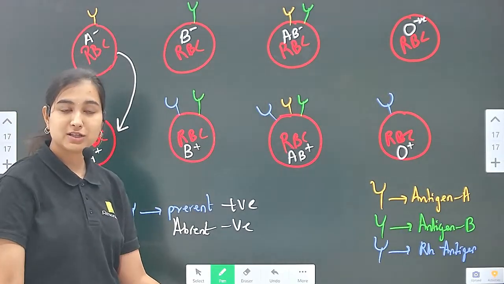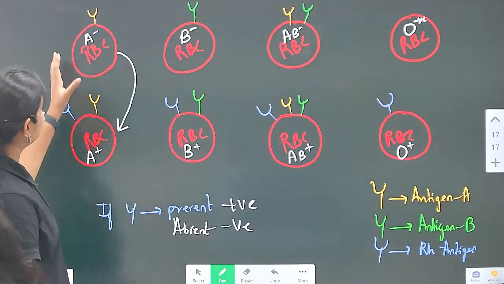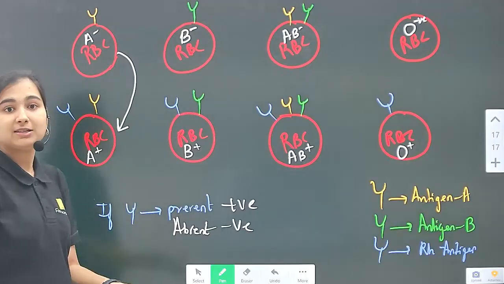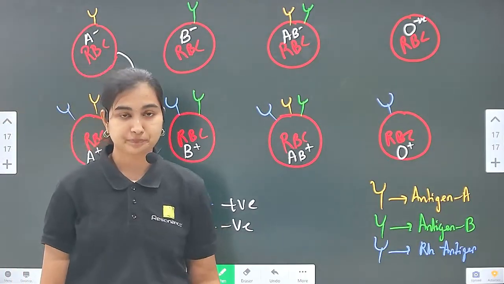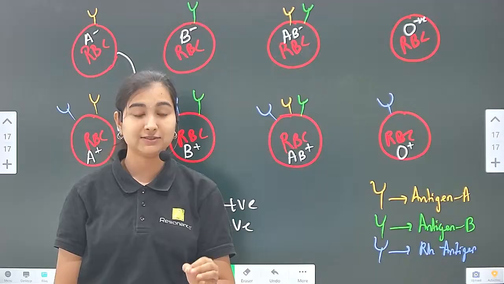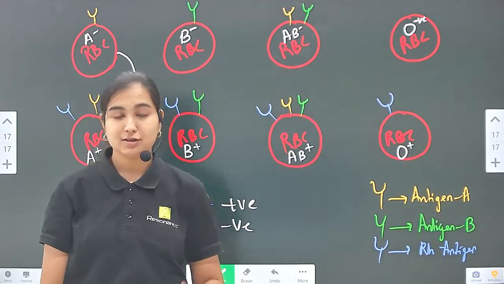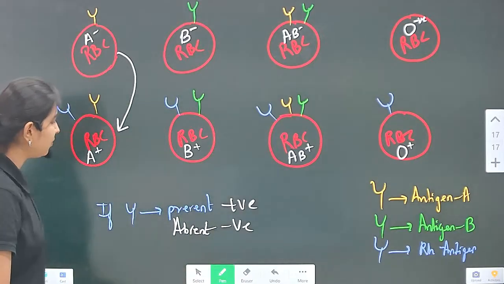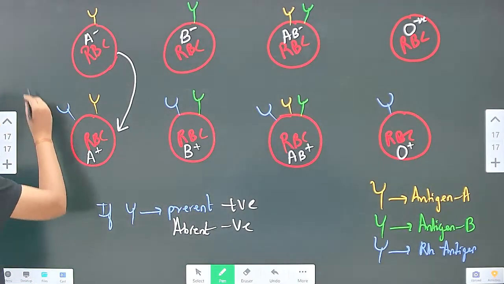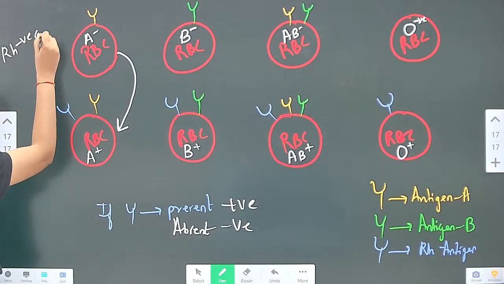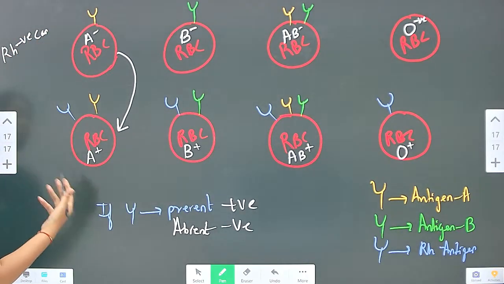No RH antigen is present. So when there is nothing present on the cell surface, our body will not recognize it. Our body will only recognize if there is a presence of the antigen, right? So here, yes, they can donate. I am telling you that RH negative can donate blood to RH positive.